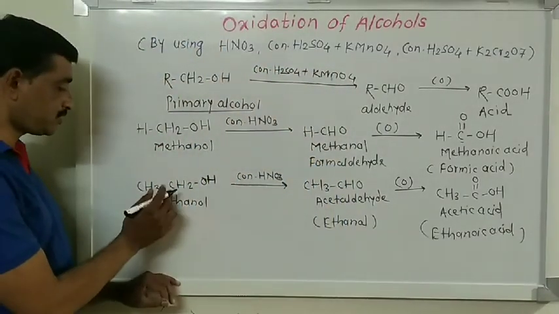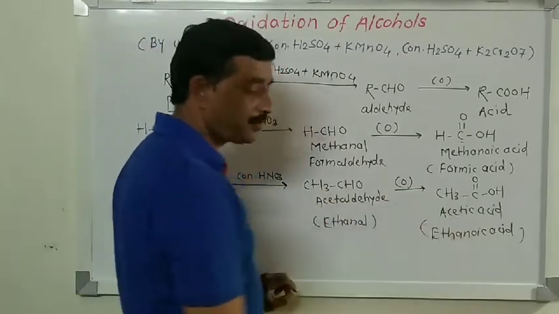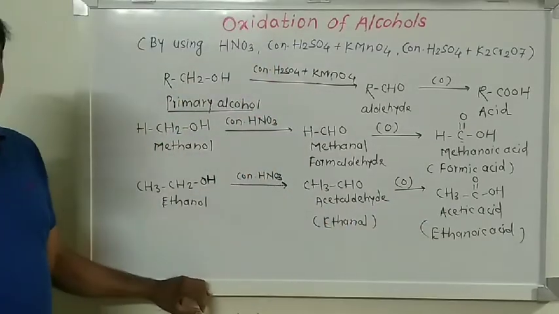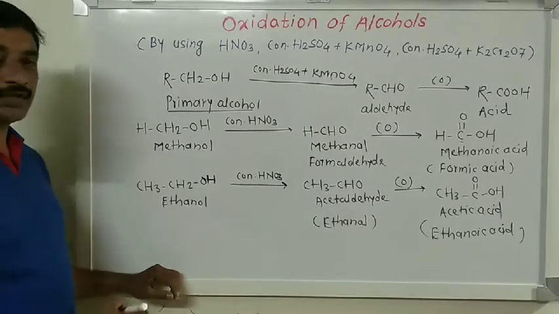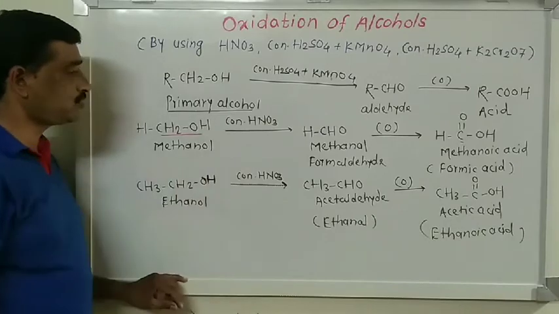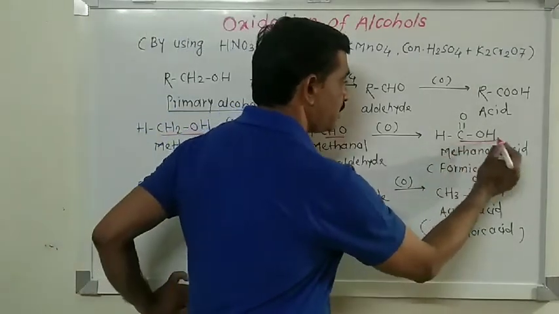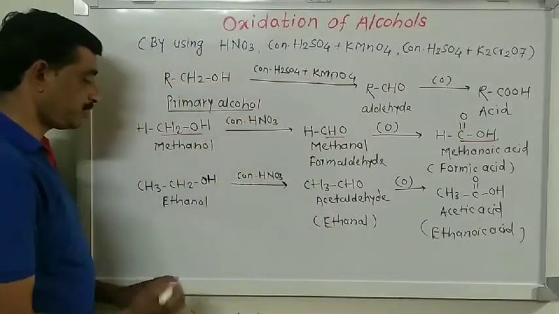Here also it contains two carbon atoms, 1, 2. Acetaldehyde also contains two carbon atoms, and the formed acid also contains two carbon atoms, that is, there is no loss of any carbon atom. In both reactions, CH2OH is converted into CHO and then into the COOH group.